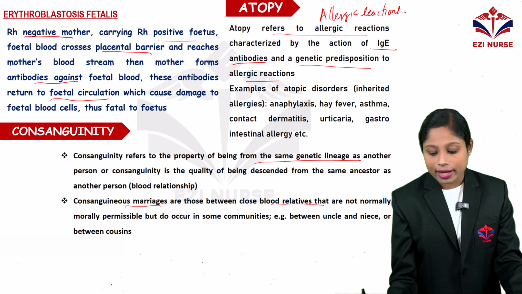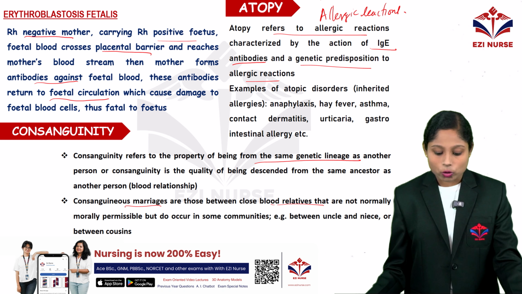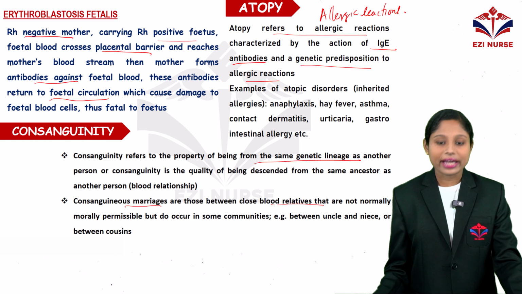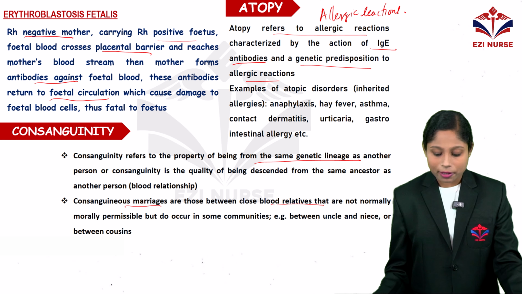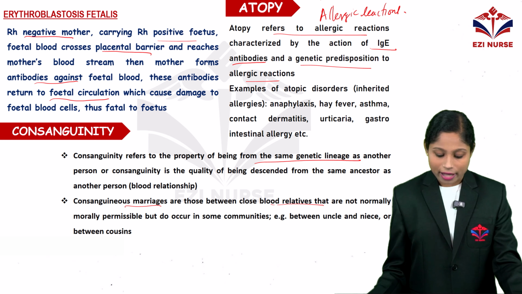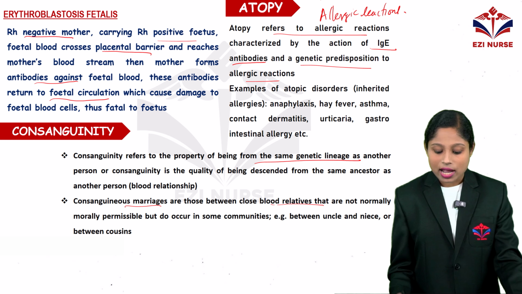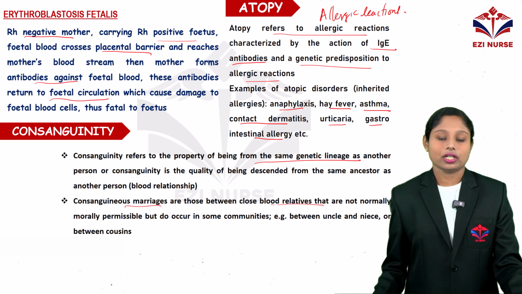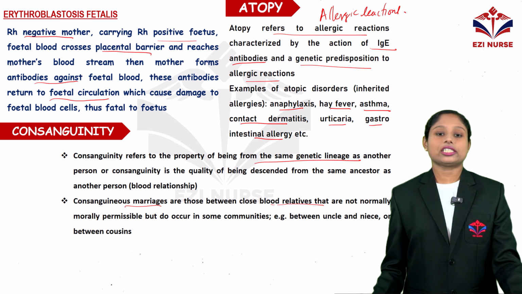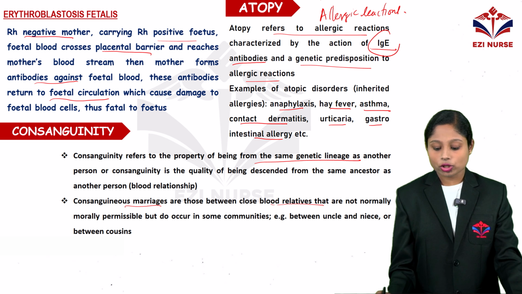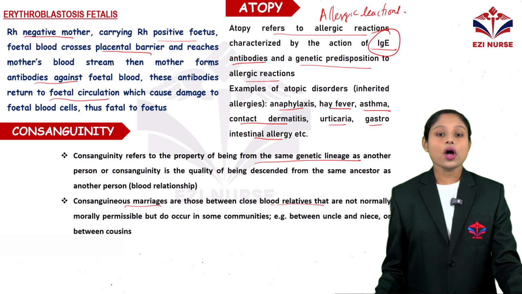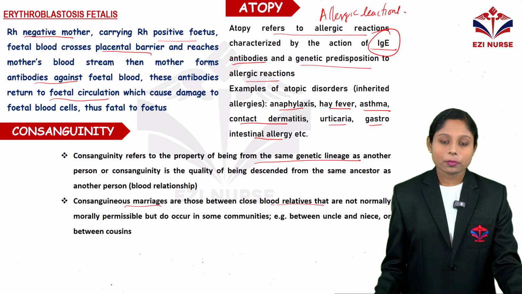Examples of atopic disorders are anaphylaxis, hay fever, asthma, contact dermatitis, urticaria, and gastrointestinal allergy. So, atopy is nothing but allergic reactions, and there will be the action of IgE antibodies. Yes, this is also very important. You need to remember these points.